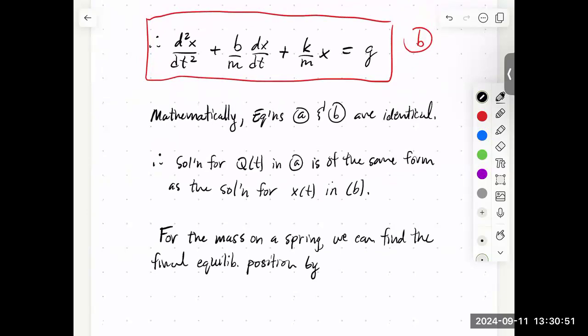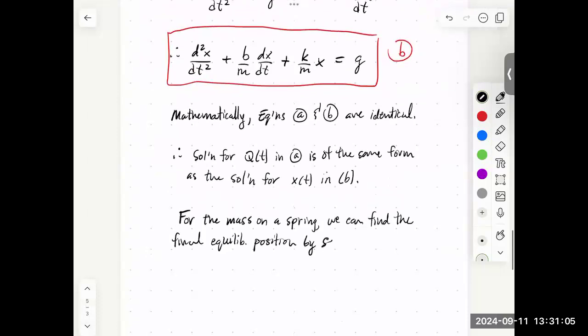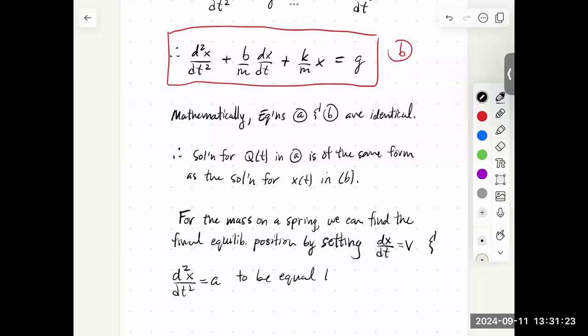Is it going to be moving or is it going to be stationary? Stationary. So when it's stationary, what are dx dt and d2x dt2? Zero. By setting dx dt, which is equal to v, and d2x dt2, which is equal to a, to be equal to 0.